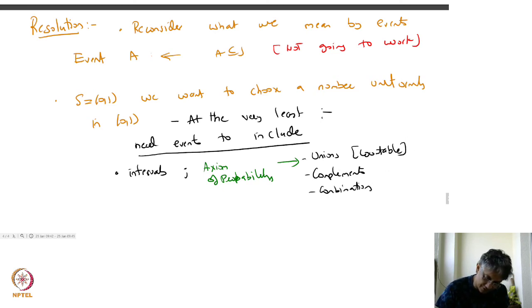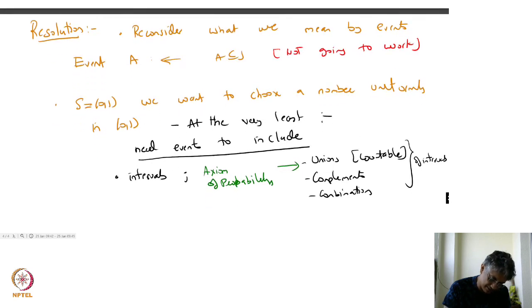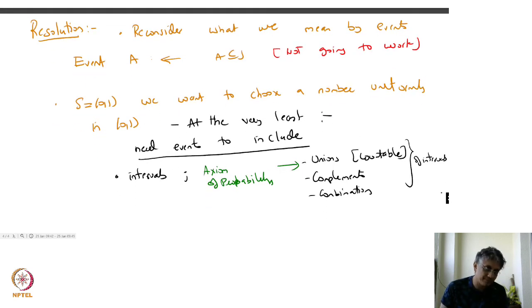So events should include all these. One needs to define an event space carefully to include all these possibilities, to understand both these conclusions.